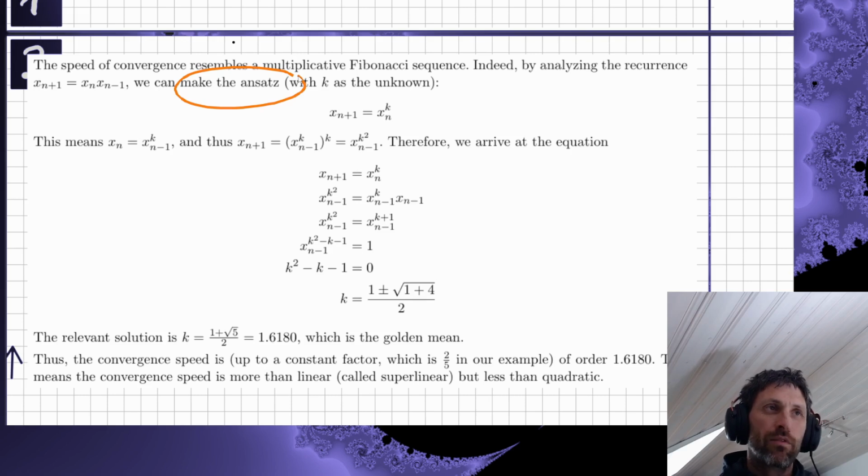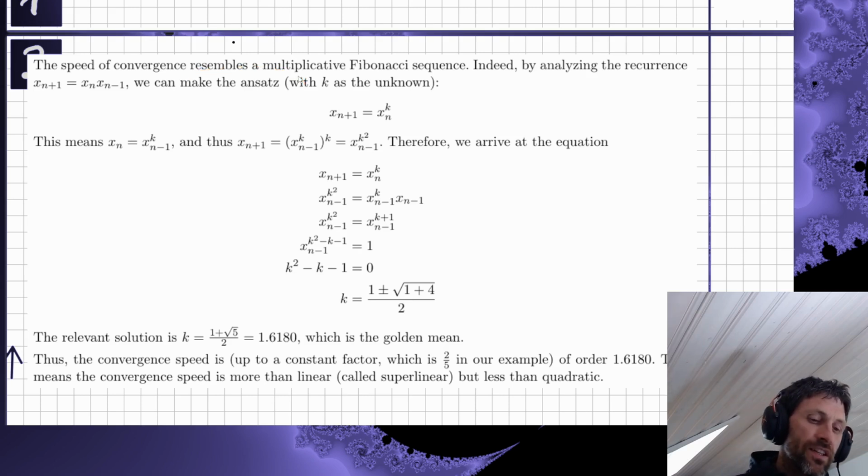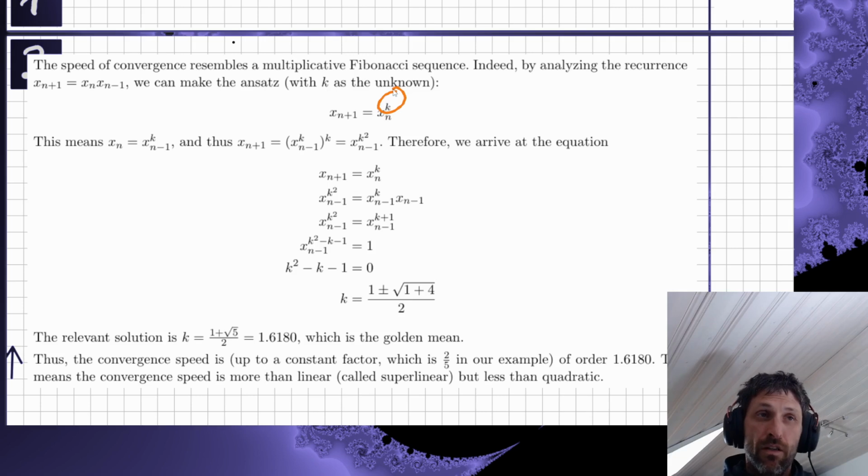Kindergarten is also an example of that, and Ansatz is another one. In mathematics or in science, you can say we make the Ansatz, we make the approach, and we assume you can write xn plus 1 as a power of the last xn, and we are looking for the k. We don't know the k, but we assume there is a k, and then we can write it that way.